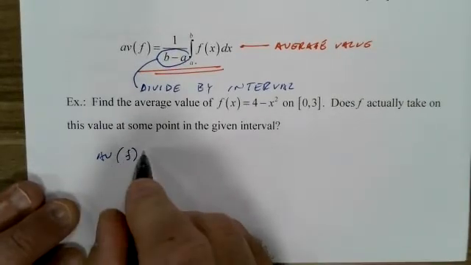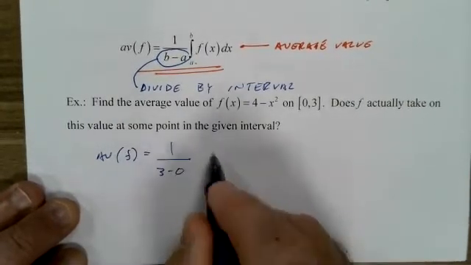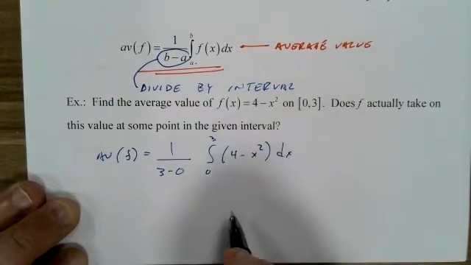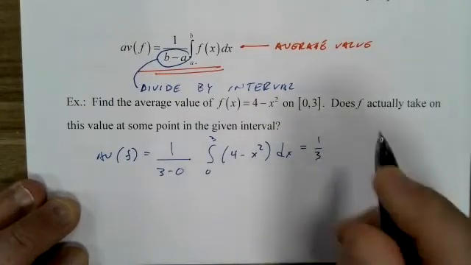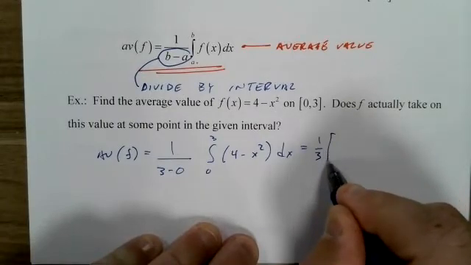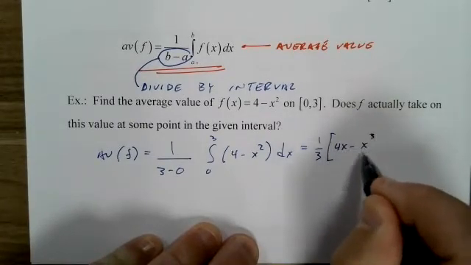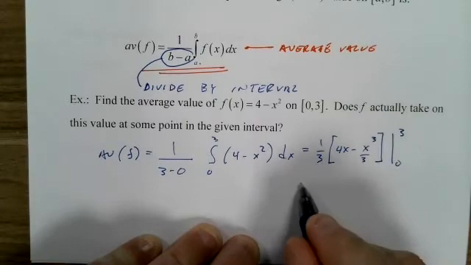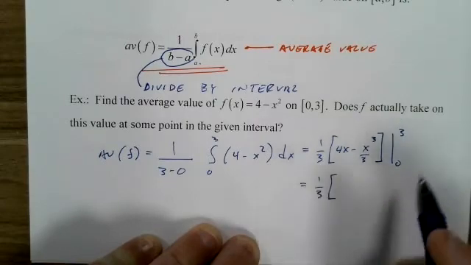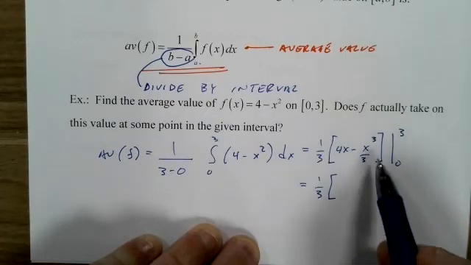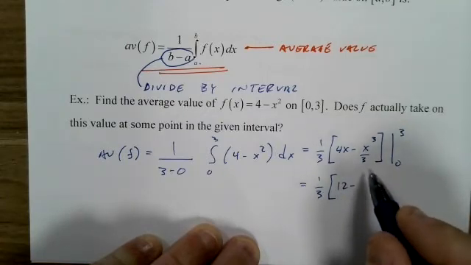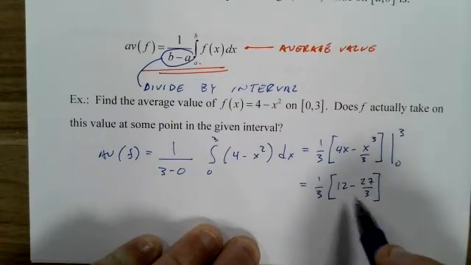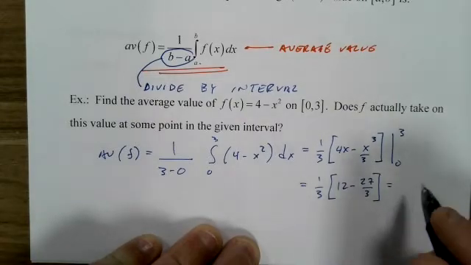The average of F, sure, whatever. 1 over 3 minus 0, integral 0 to 3, 4 minus x squared dx, equals 1/3 times 4x minus x to the third over 3, from 0 to 3. I can toss a 0 out. You can't always toss the bottom value out, but 0 is going to get rid of things. 12 minus 3 times 3 is 9 times 3 is 27 over 3. 12 minus 9, 3 over 3, 1.